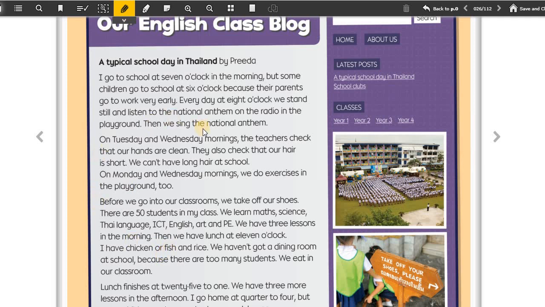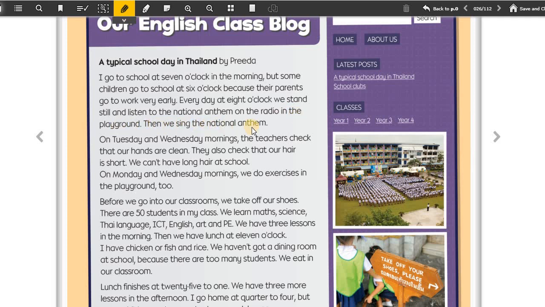So we talked about the similarities and the differences between schools in Thailand and schools in Turkey. This is a typical school day in Thailand by Prida. She goes to school at 7 o'clock in the morning, like we do. And every day at 8 o'clock, we stand still and listen to the national anthem on the radio in the playground.